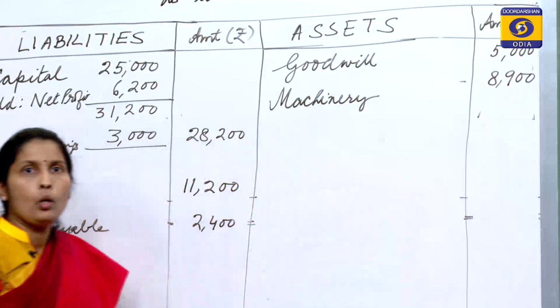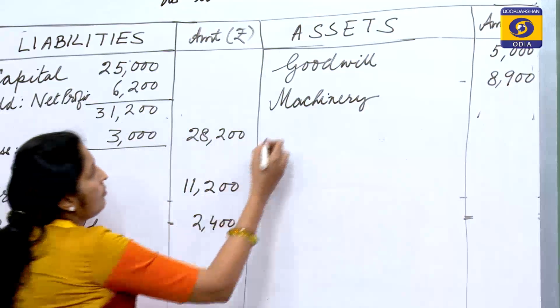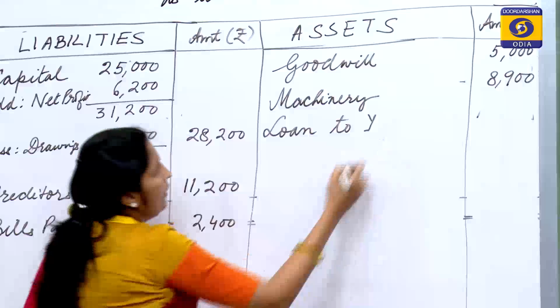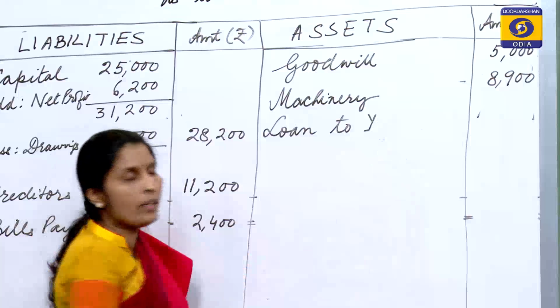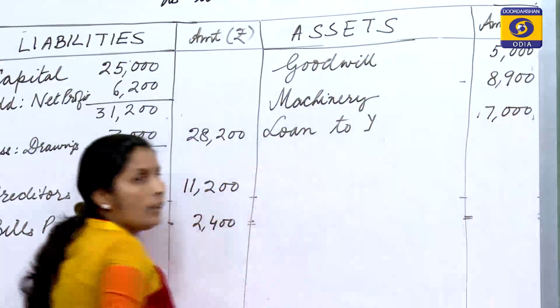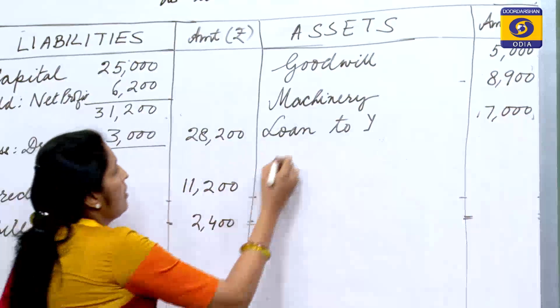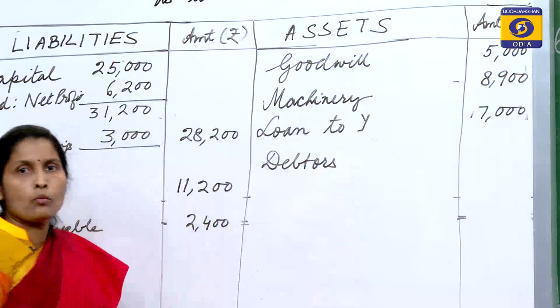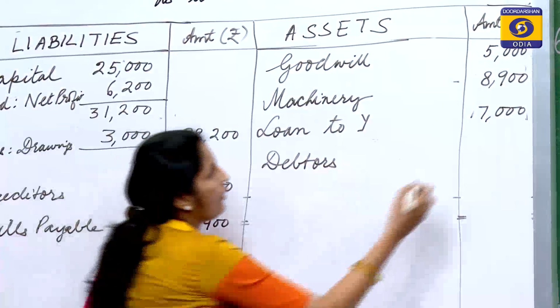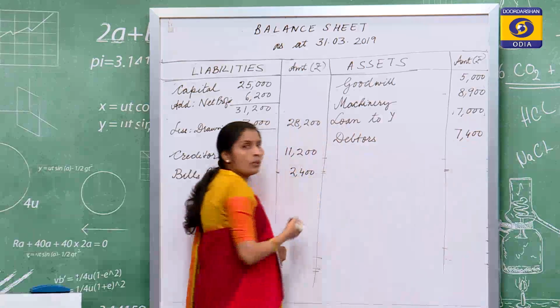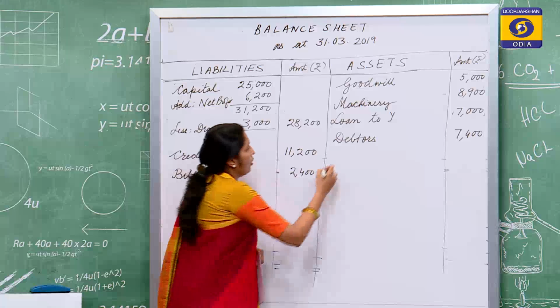Then we have loan to Y. As the loan has been given to Y, it is on the asset side. We have 7,000. The next item is debtors. The amount is 7,400. Next item we have is closing stock.